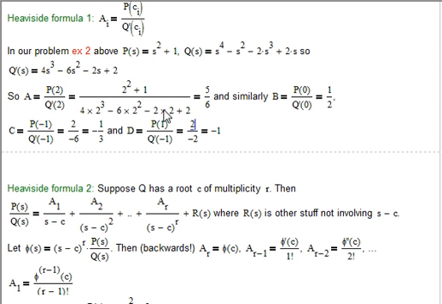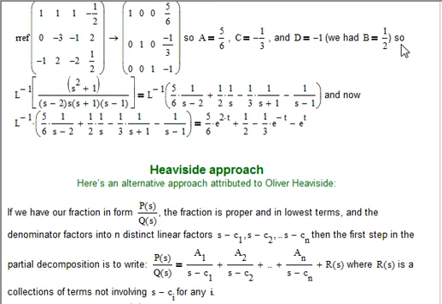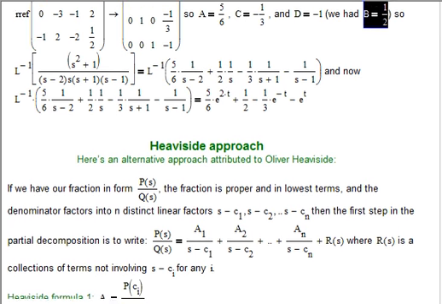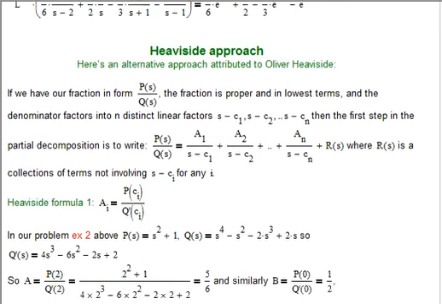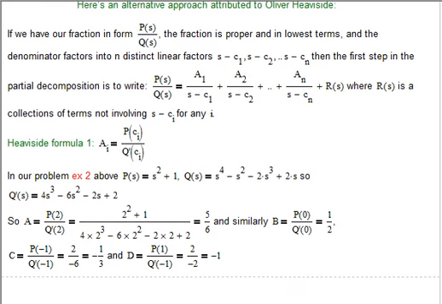Well, that would be 2 over Q prime of 1, which is 4 minus 6 minus 2 plus 2. So 2 over -2, and that's -1. And if you recall, that was the value we got for D, and for C. A was 5/6, B was 1/2. And so that seems a little bit easier to use a Heaviside approach with linear functions like that.